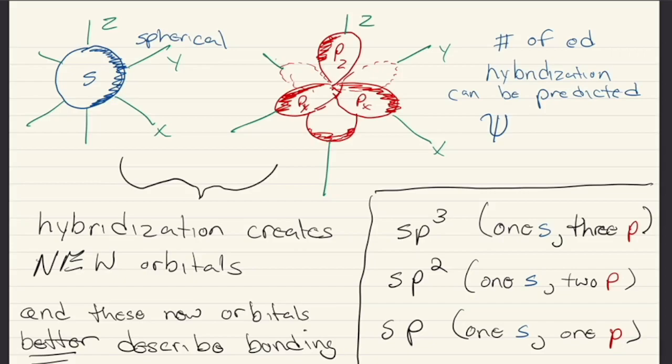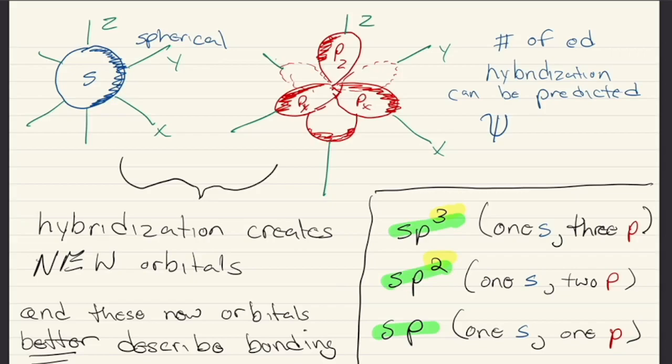And these are the three hybridized orbitals that we will be focused on. However, there are more, but we will focus on these three: sp3, sp2, and sp. Notice that each letter shows us what orbitals have been merged together, and the value at the top tells us how many of each of them have been merged.